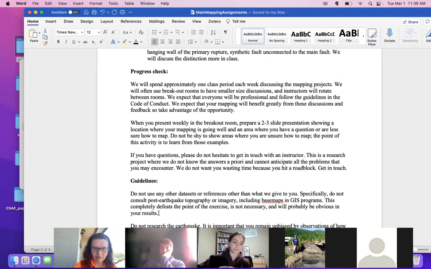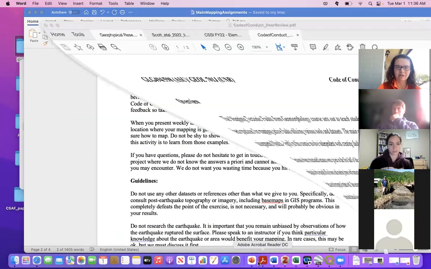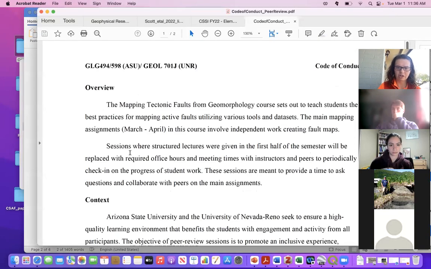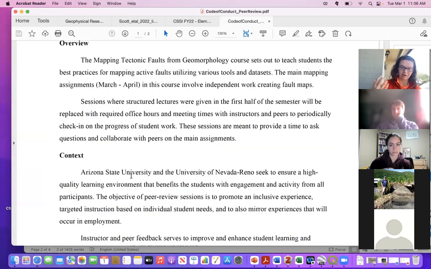So on the website, you'll find a code of conduct, which is right here. Essentially it goes through how we expect you to be professional during these check-in times.